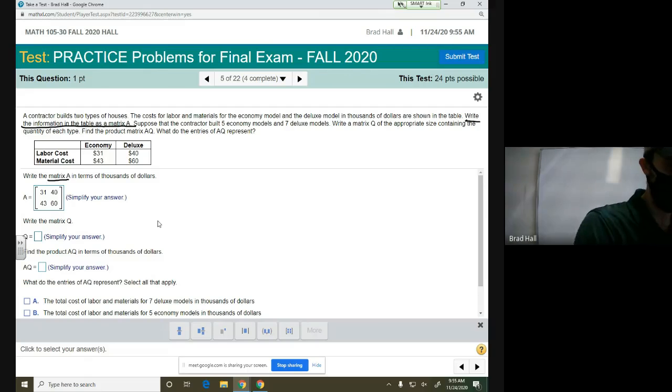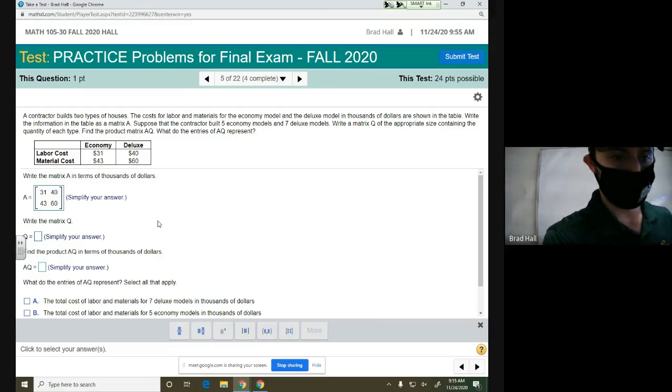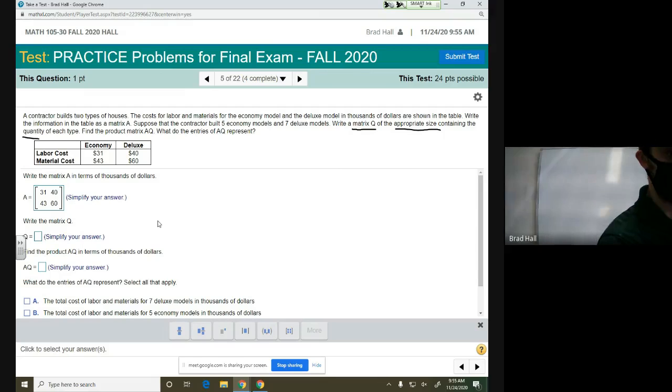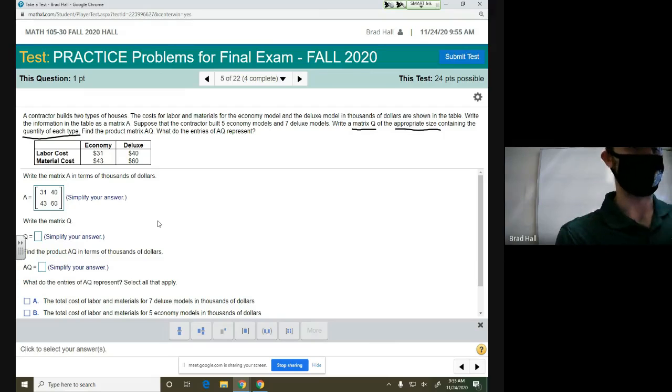All right, so what about this matrix Q? That's the next question. What does it say about Q? Matrix Q of the appropriate size, we'll get to that later, containing the quantity of each type. So the quantity of each type, they actually explained that in the sentence before. 5 and 7.